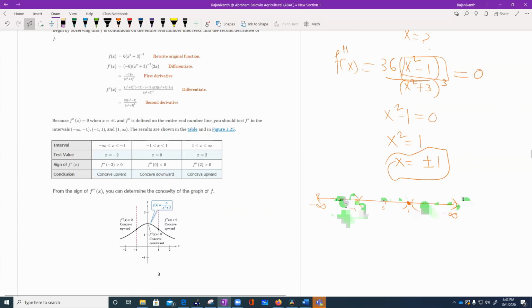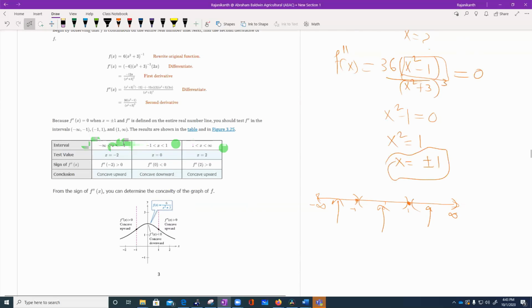So again, take a test value for each interval. If you look here, you see the intervals: negative infinity to negative 1, negative 1 to 1, and 1 to infinity. So you have three open subintervals here.